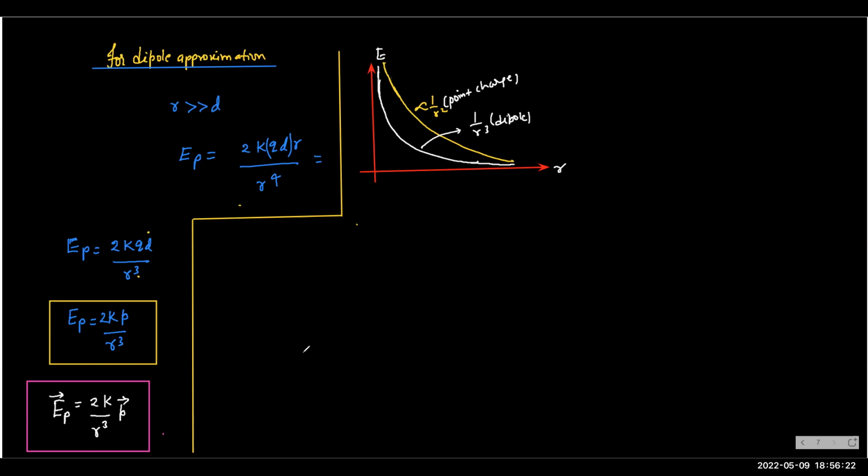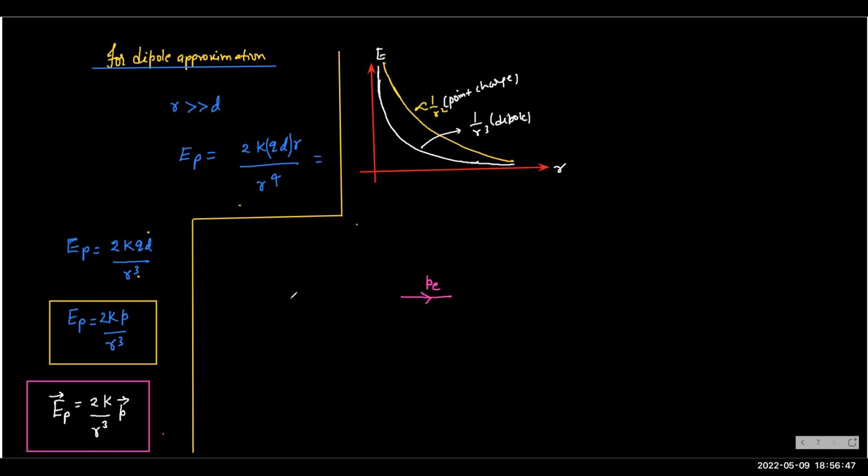So the electric field at point P, we can write in vector form as 2K by R cube into P vector. And that shows that E and P will always be parallel on the axial position. Now, what it means is that if I represent a dipole by a single arrow, this is how we represent the dipole as a single vector.